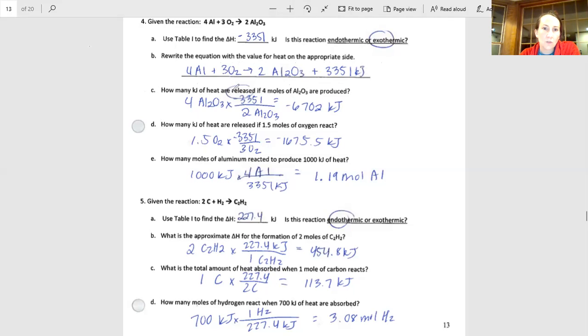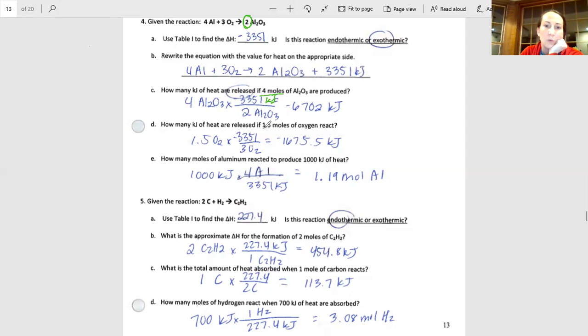How many kilojoules of heat are released if you have 4 moles? So this is our starting point. 4 moles of Al2O3. I got this 2 from the 2 right here. And then the heat goes right next to it, or on the top. So this is kilojoules, I didn't label it. Multiply, divide. There's your answer.